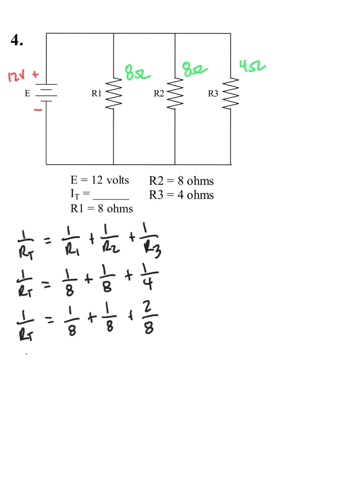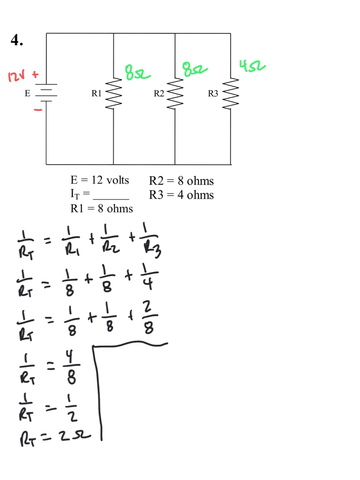So from here, now we can just add everything together. So we end up with 4 over 8, which is 1/2. And if we do the reciprocal of these, RT is equal to 2 ohms. All right, so I'm going to block this off.